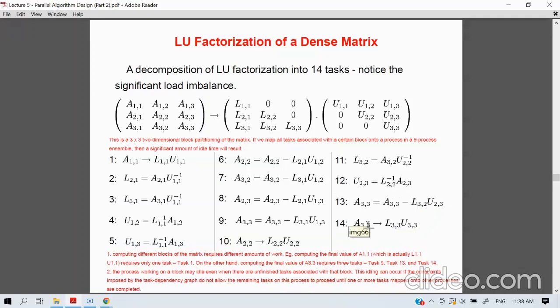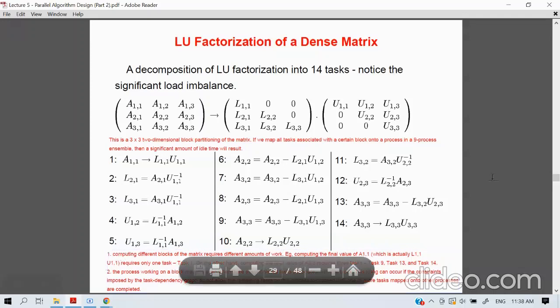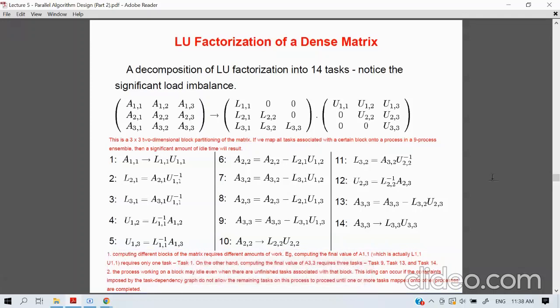It said also, number 1, computing different blocks of the matrix requires different amounts of work. Such as if we want to get A33 here, we need to get L33 and U33 first. Besides that, you can see to complete the task of A33, it requires 3 processes: task 9, task 13, and also task 14.